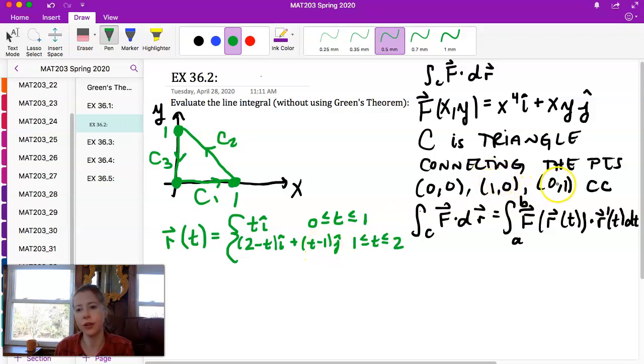Okay, so we're going from (1,0) to (0,1). That works out well. Then for our next one, I'm going to go from time 2 to 3. We want to get back to (0,0), so we can do (3 minus t) j hat, and that'll be from 2 to 3.